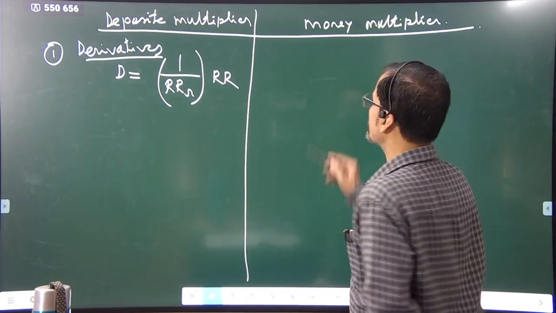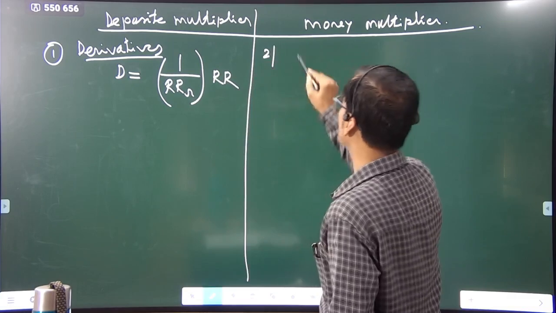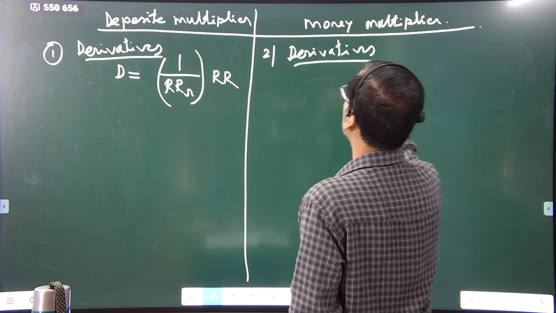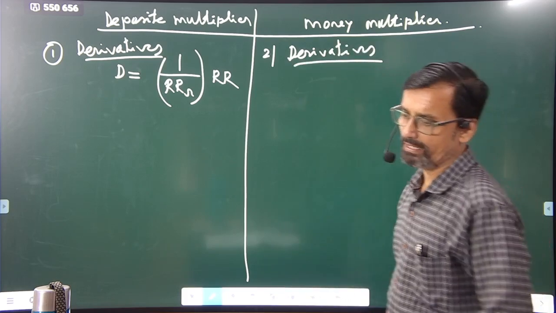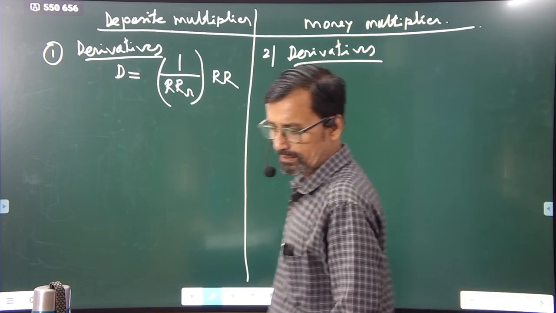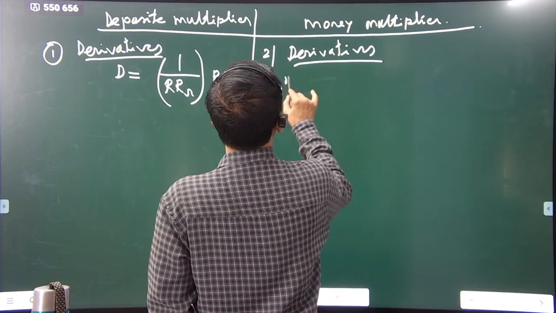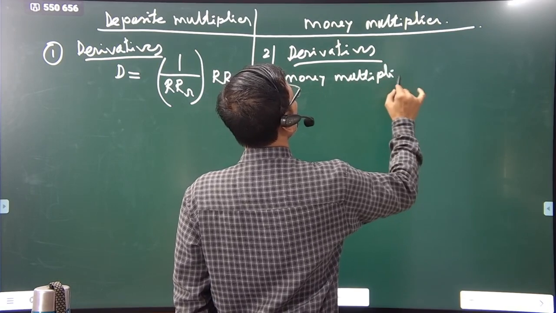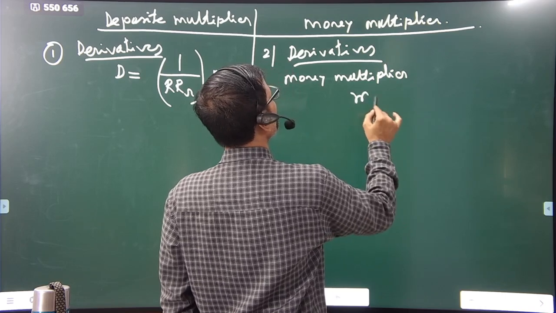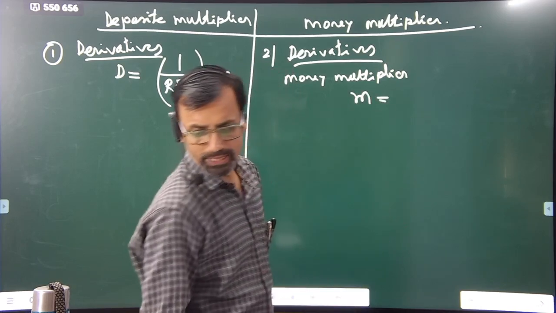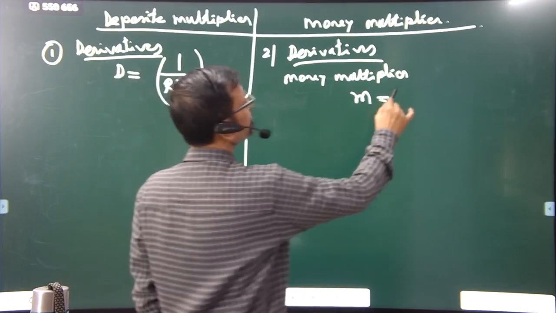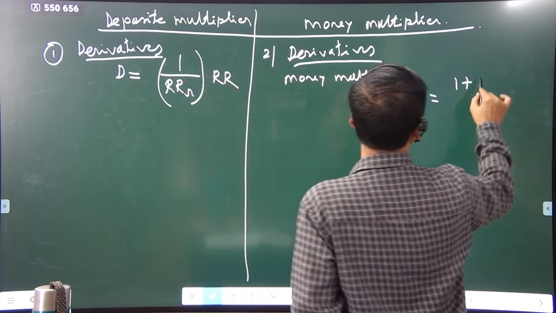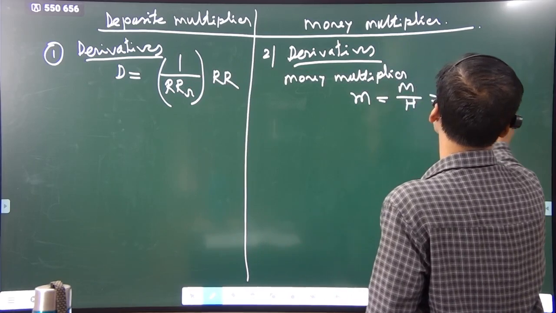And here the money multiplier derivation is given like that. This is the money multiplier, small letter m, equals M by H, which equals 1 plus k plus r.